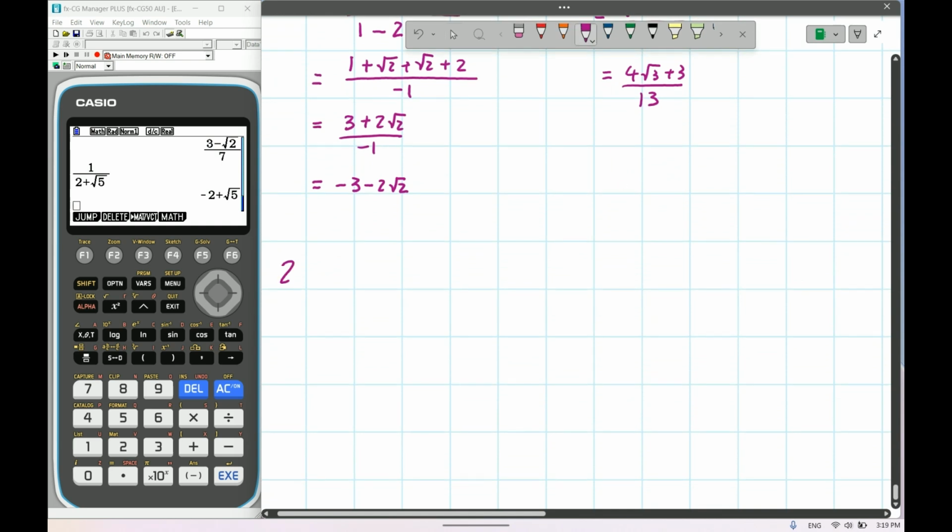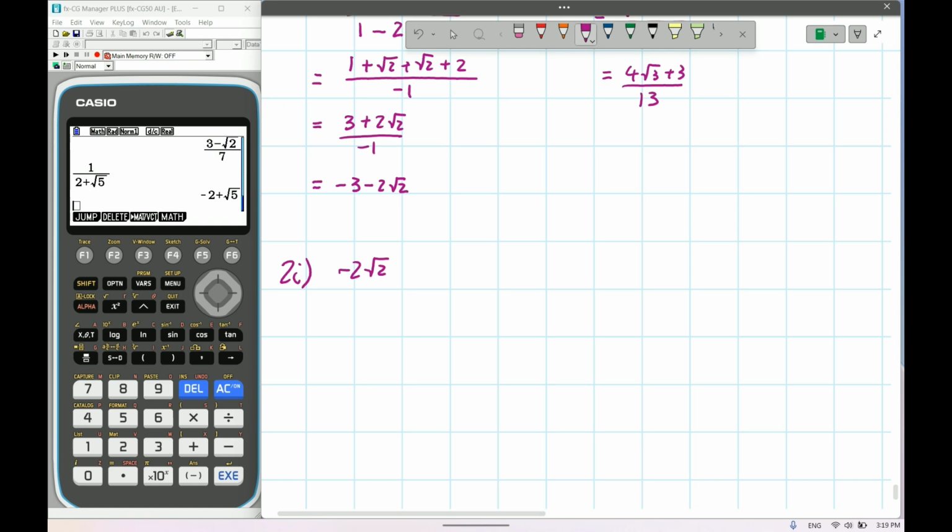Alright, 2i. So we have minus 2 root 2 all over 1 minus root 2. Multiplied by its conjugate, 1 plus root 2, 1 plus root 2. So if you expand the top, it will become minus 2 root 2 minus 4 all over 1 take 2.